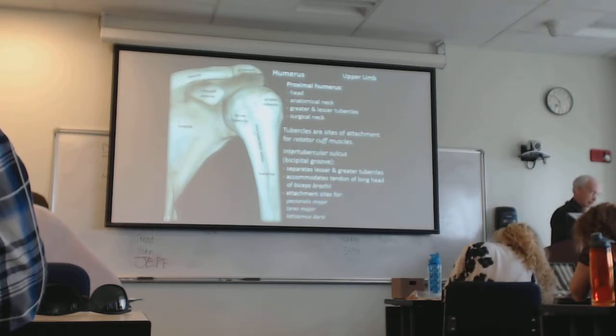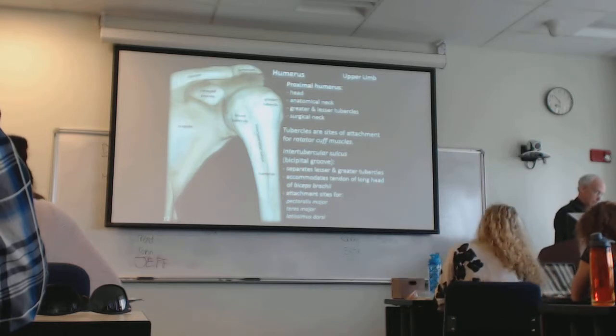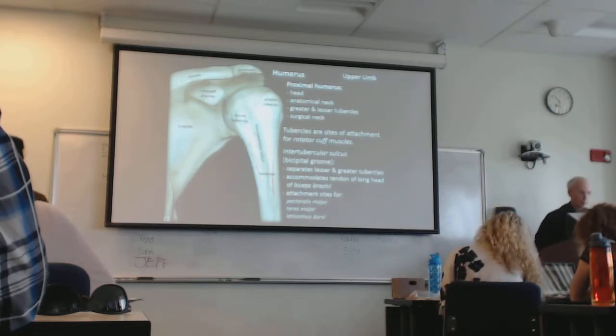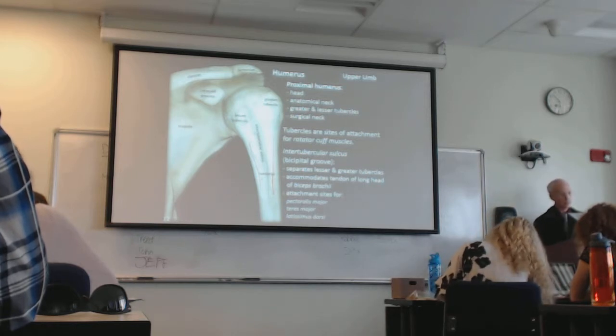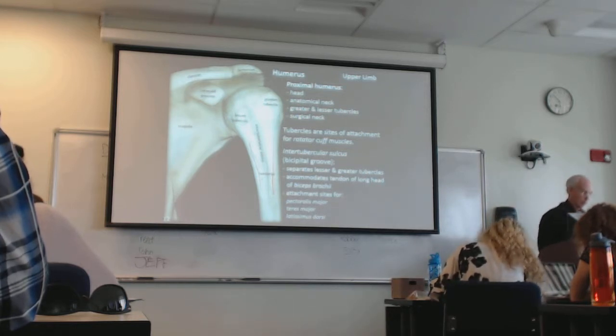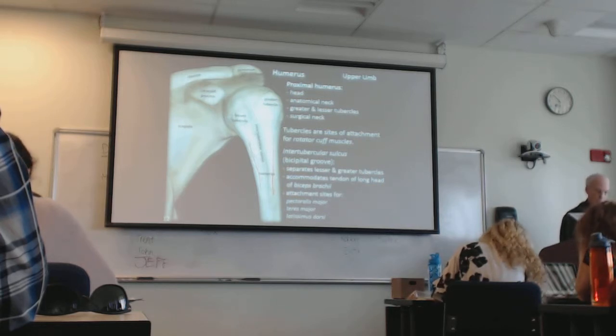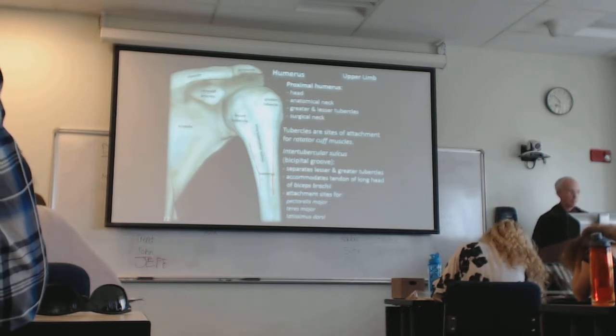On either side of it, you can see what are sometimes called ridges or margins, but those are also sites of muscle attachment. For example, along those margins, the pectoralis major, the teres major, and the latissimus will all attach.